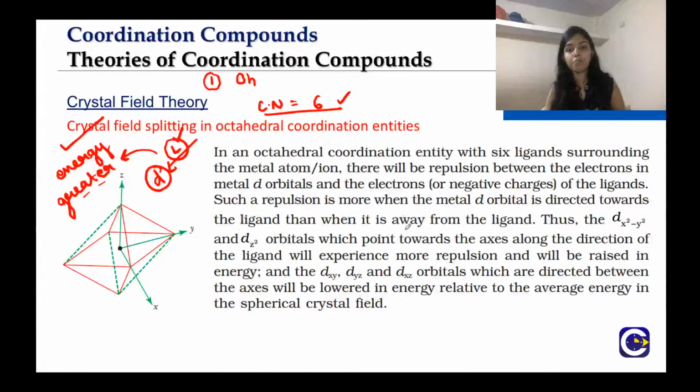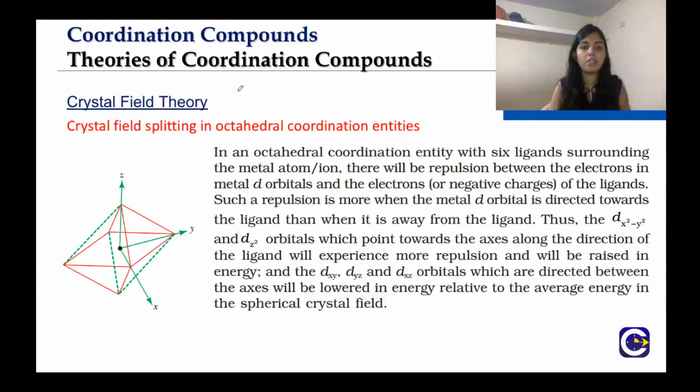Okay. So here, if you see, in octahedral complexes the coordination number is 6. So somewhat like this. Right? And the ligands will approach in these directions. Let us say the ligands will be approaching in these directions.